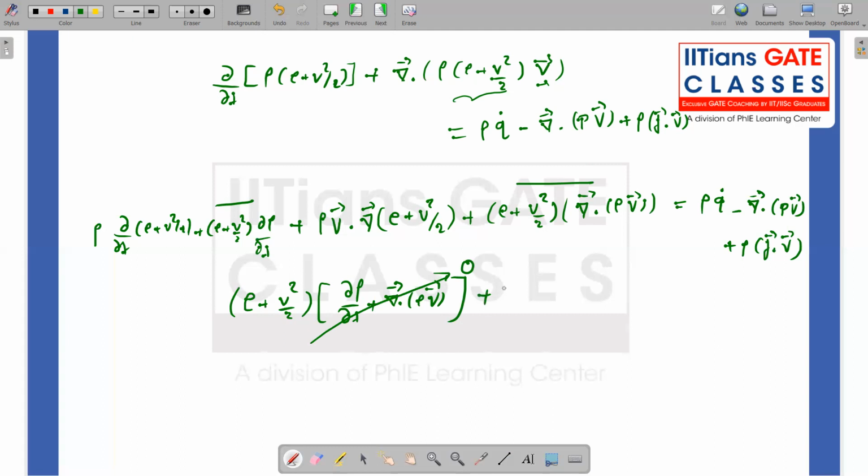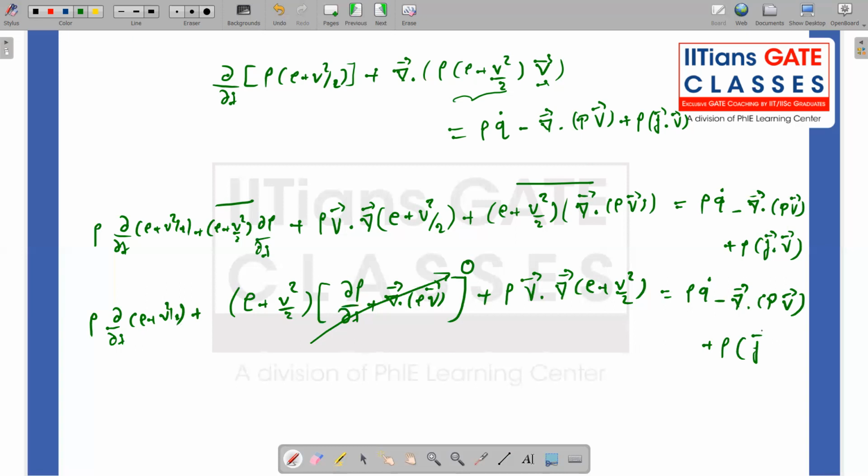We are left with density times V dot the gradient of (E plus V squared by 2). The one more term we have is density times ∂/∂t of (E plus V squared by 2), equal to the right-hand side: rho q dot minus the divergence of pressure times velocity, plus density times F dot V.